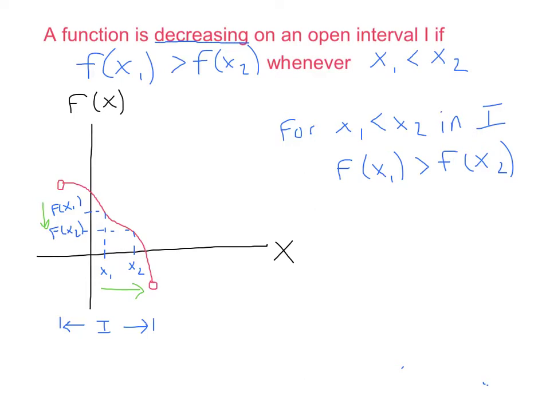So for x1 being less than x2, as my x's are getting larger, the value of the function is going down. So f of x1 would have a larger value than the function does at x2, indicating that the y values, the function values, are decreasing over some interval of x.